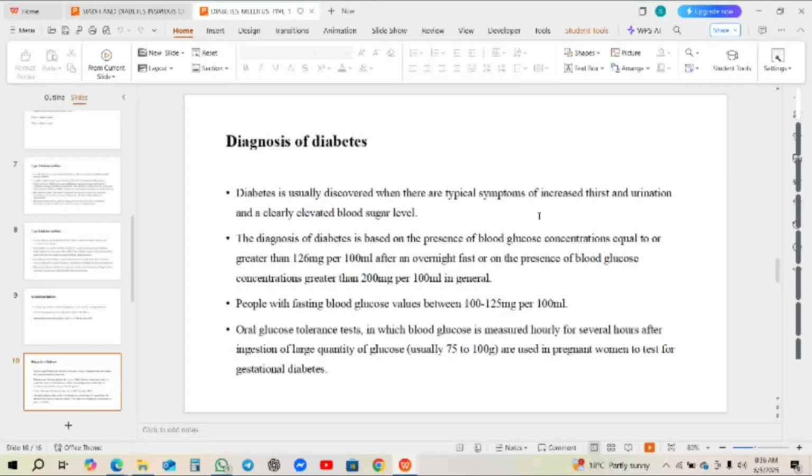So let's talk about the diagnosis of diabetes. Diabetes is usually discovered when there are typical symptoms of increased thirst and urination and clearly elevated blood sugar level.